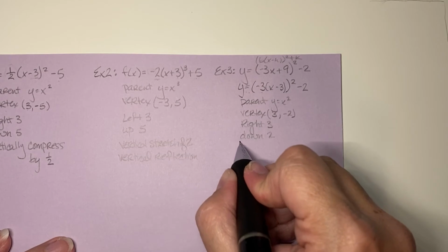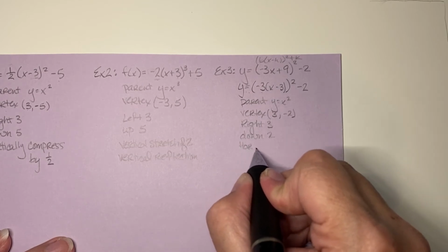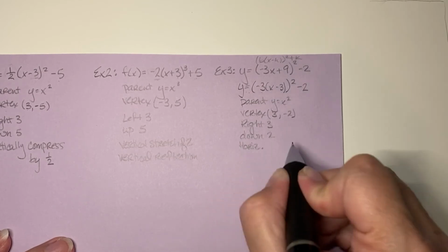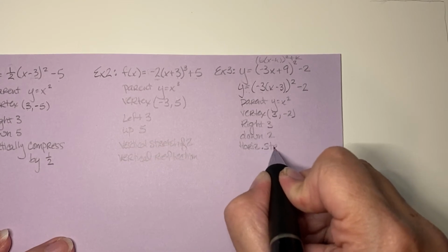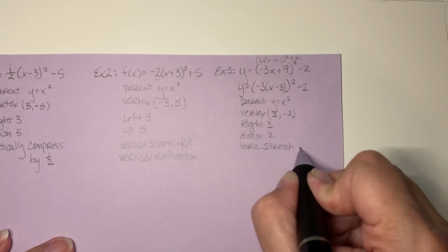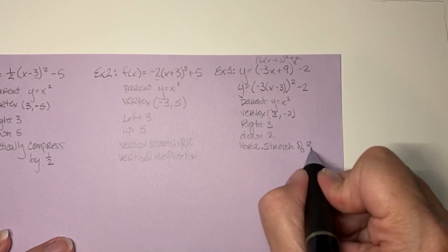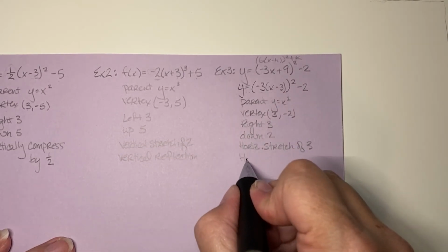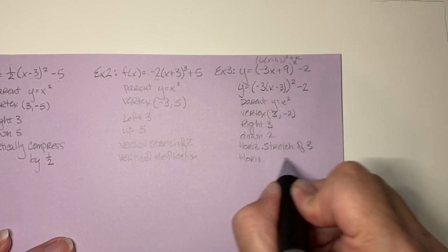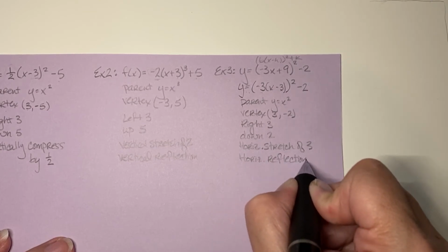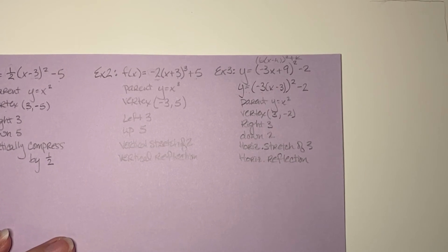So we're going to have a horizontal stretch of 3, and we also have a horizontal reflection. And that's it.